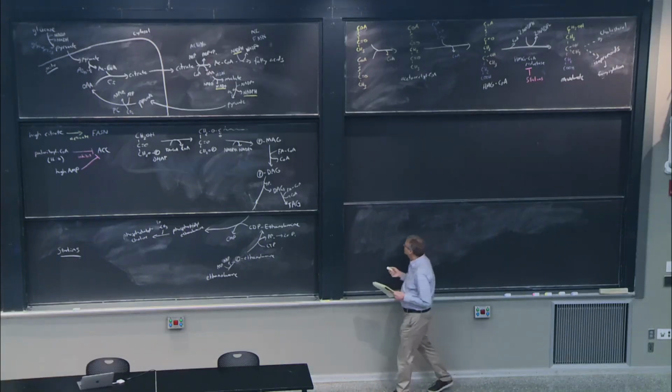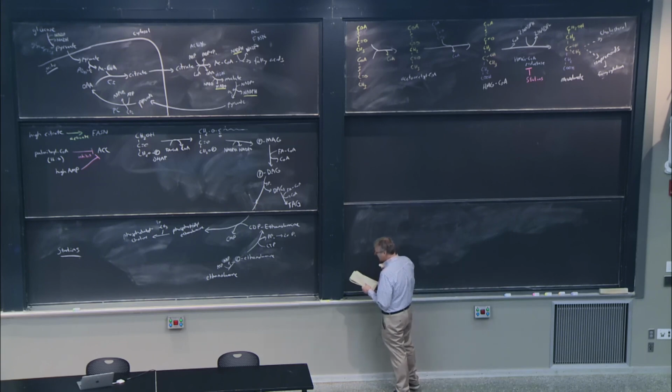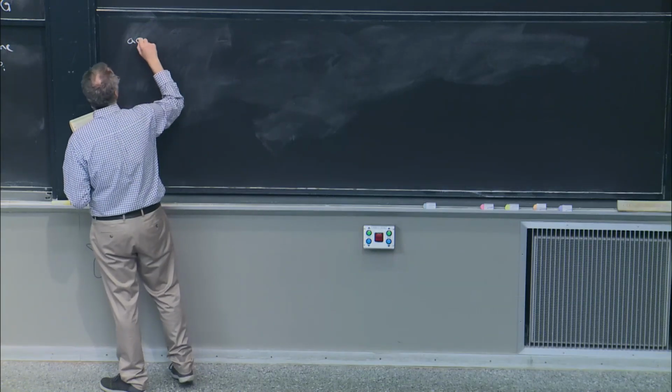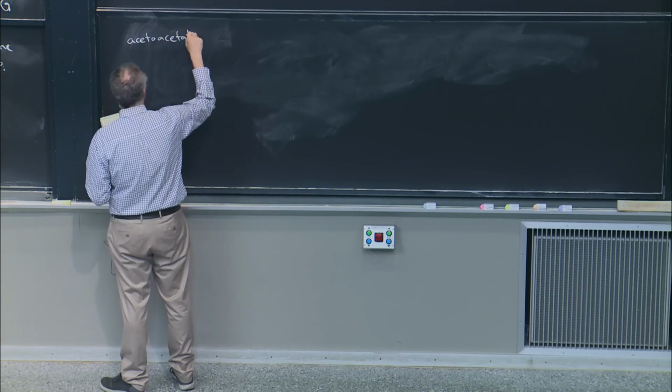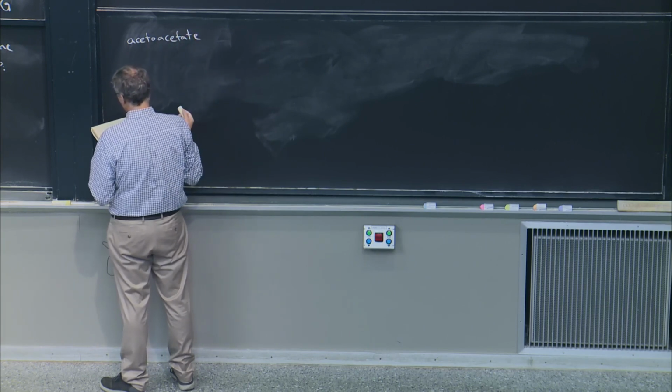The last thing I want to talk about is taking the acetoacetyl-CoA, and if I take the CoA group off, what I'm left with is a molecule called acetoacetate. Okay?